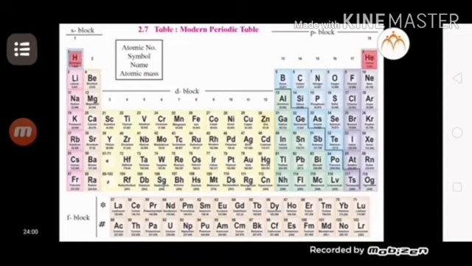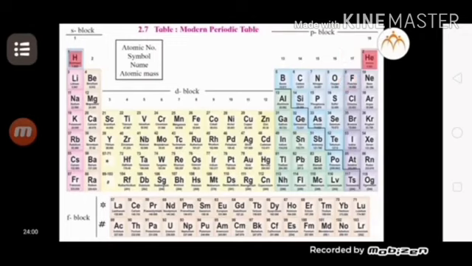For example, the elements beryllium, magnesium, and calcium belong to group second, the family of alkaline earth metals. There are 2 electrons in their outermost shell. Similarly, there are 7 electrons in the outermost shell of elements such as fluorine and chlorine from group 17, the family of halogens.